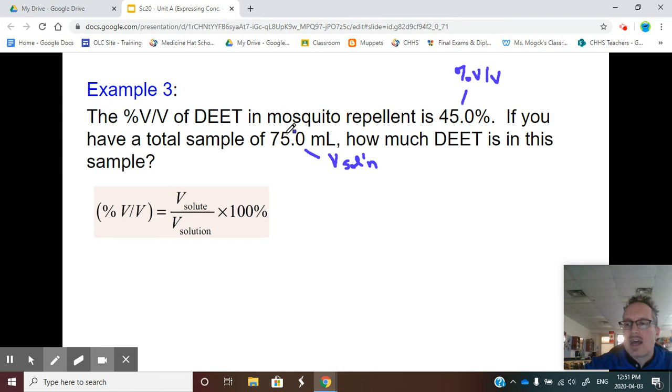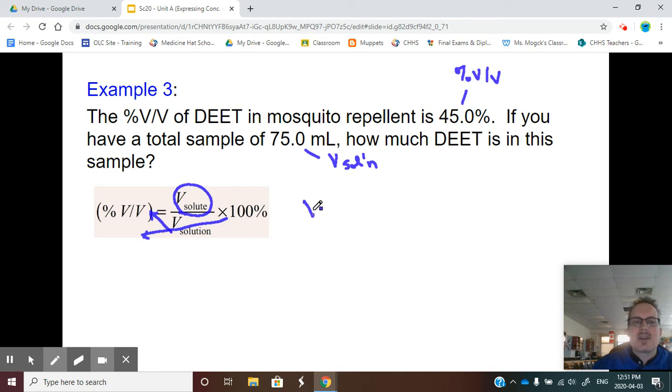Now let's prove that actually by doing the actual calculation. So I am trying to find V solute. So again, you get a mark for writing down the original formula. I'm going to remind you again to move the formula around. When you're solving for something and you want it by itself, when you cross the equal sign with another variable, it's going to change floors. So V solution, when it crosses the equal sign, is now going to go upstairs and be multiplied. 100 is now going to go downstairs and be divided by.